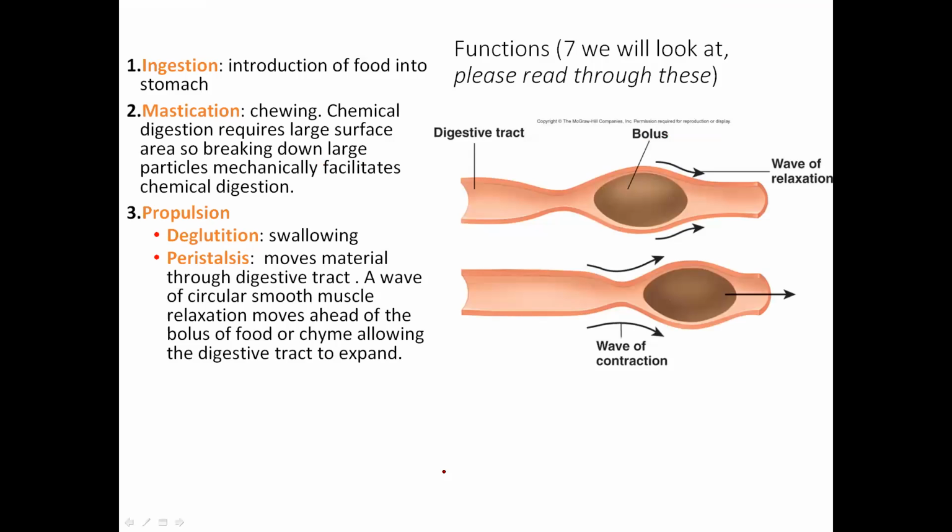Know these terms. Ingestion, mastication. Ingestion is where we actually introduce food into the stomach. Mastication is the process of chewing, and the way that food moves through the tubes is called peristalsis.